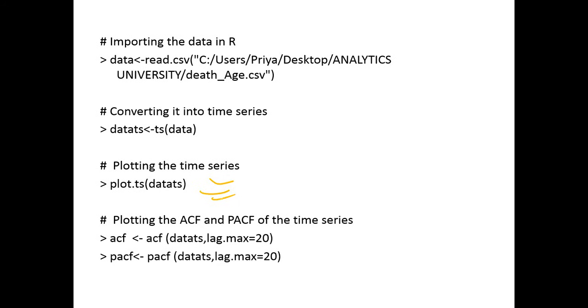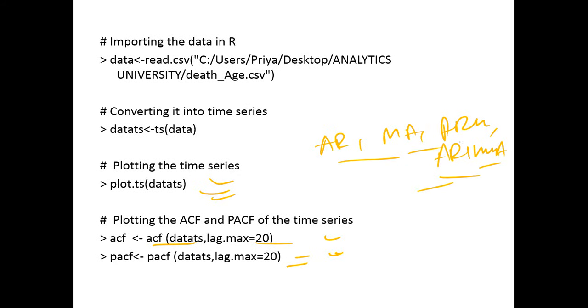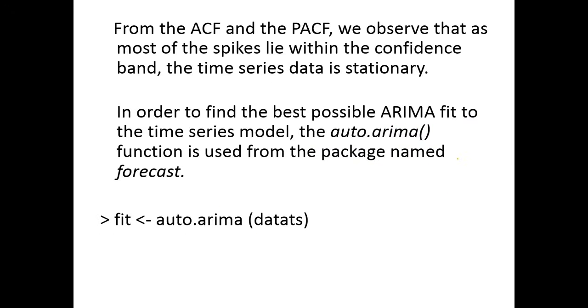Do some basic checks, and then plot your ACF and PACF and see whether you should use AR, MA, ARMA, or ARIMA, and so on. Or maybe you can build all models and see which one is giving the best results. Not a big deal. If you have time, you can do that.